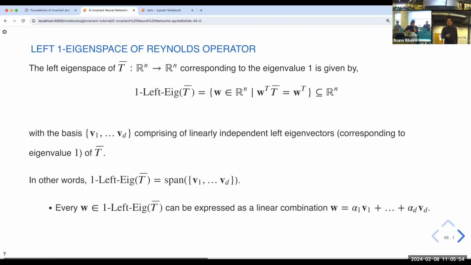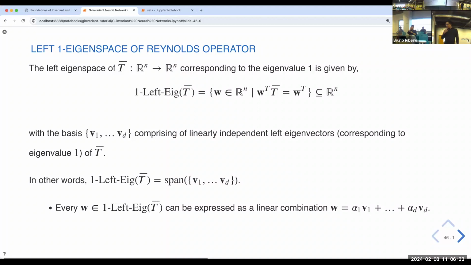Therefore, any neuron weight in this subspace can be expressed as a linear combination of these eigenvectors with some alphas. Guess what alphas are in your neural network? You can choose whatever you want for alphas. These are the parameters.